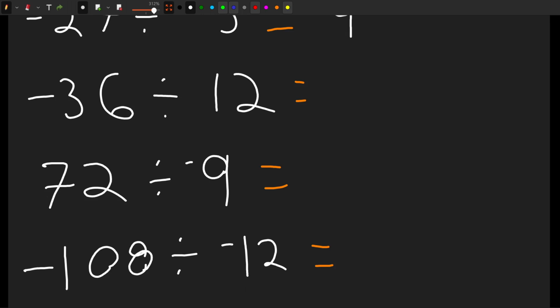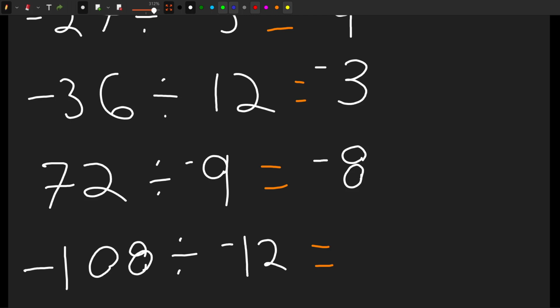So 36 divided by 12 is 3. And then a negative divided by a positive is a negative. 72 divided by negative 9. 72 divided by 9 is 8. Remember, 8 times 9 gets you 72. And then a positive divided by a negative is a negative.